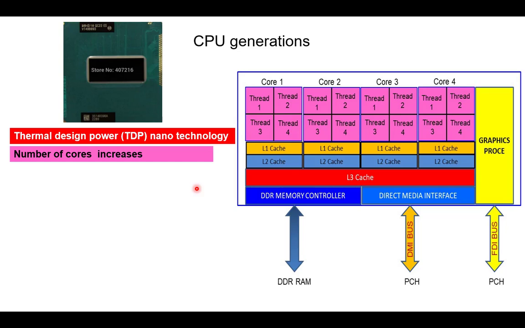Suppose in a CPU there is a single core, and a lot of instructions are going into the CPU to execute. To run all the instructions, they have to wait because there is a single core. But if there are multiple cores, then instructions will be executed very fast. Like suppose there is a queue to get tickets at the ticket counter, but if there is only a single window, then we have to wait to get our turn in that queue.